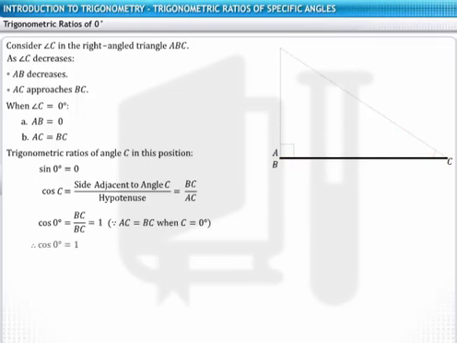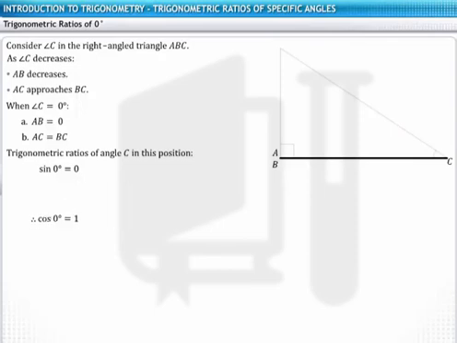Thus we can say that cos 0 is equal to 1. We know that tan theta is equal to sin theta divided by cos theta. Substituting theta equal to 0 degrees and simplifying, we get tan 0 degrees is 0.